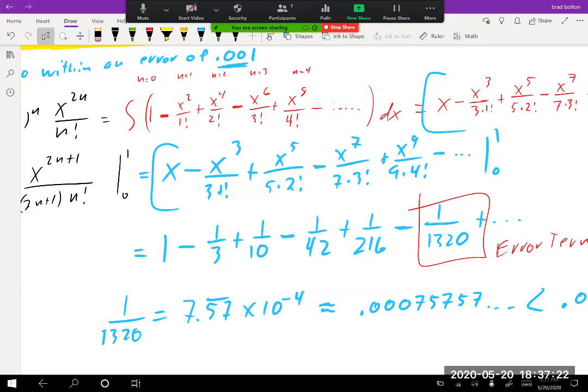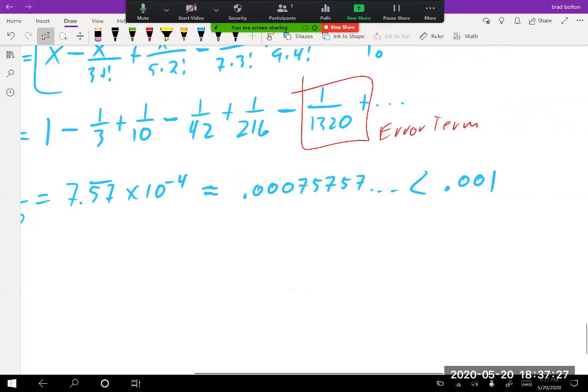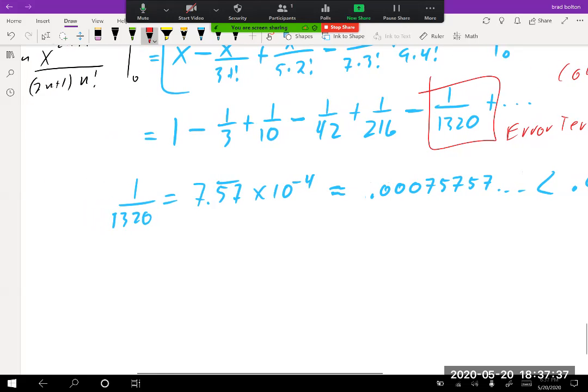We know it's decreasing. Each term is getting smaller. Because it's a convergent alternating series, we can now use the error term to help us approximate the sum, which means that these terms are the sum.